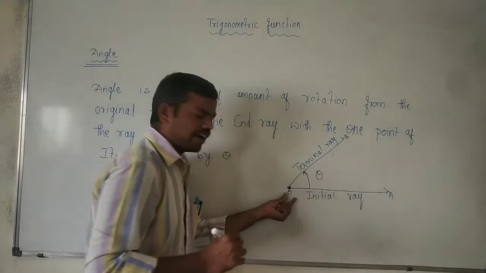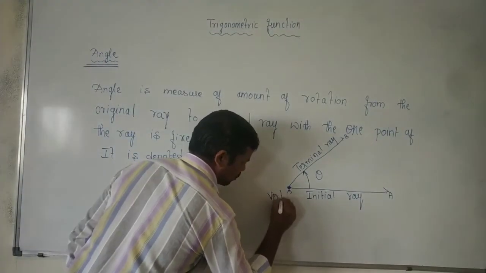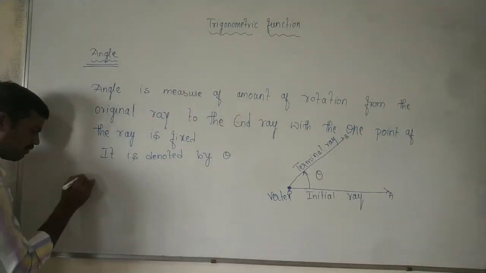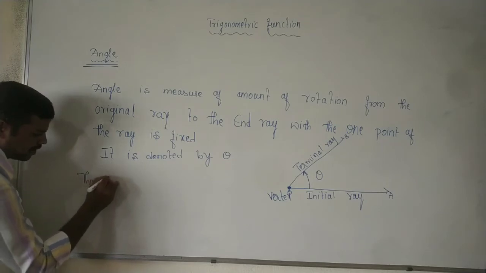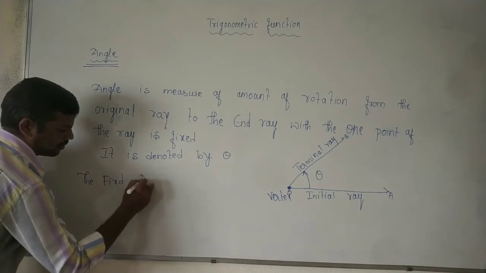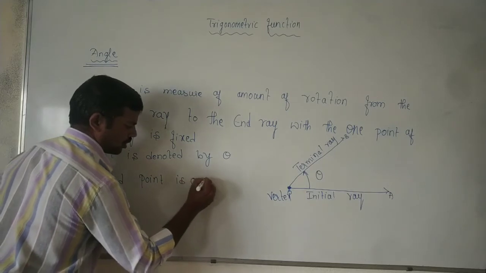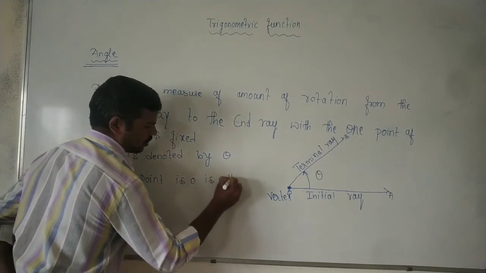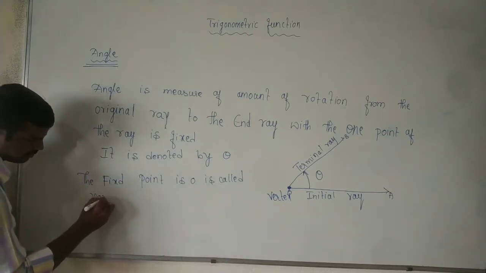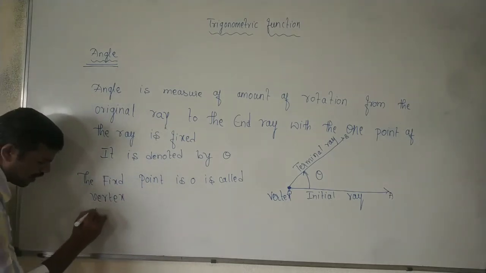The fixed point we call the vertex. Let me say the fixed point O is called the vertex.